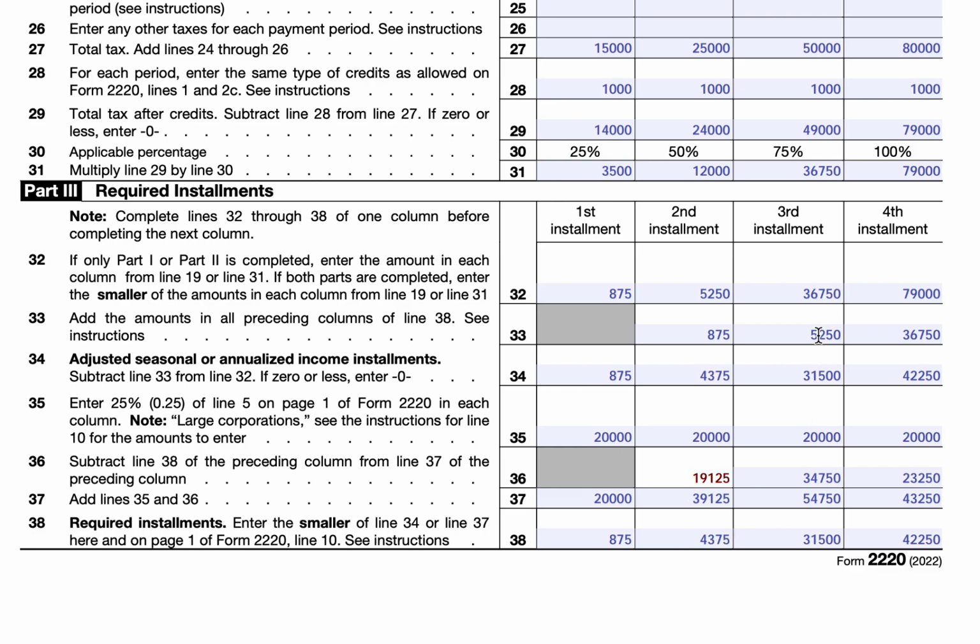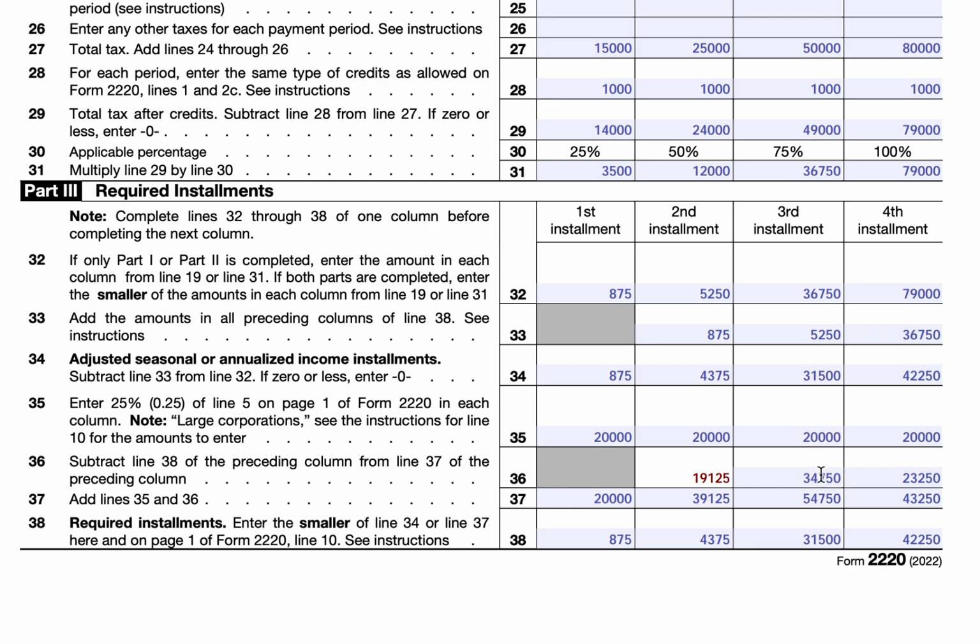And now when we go up to the third installment, we're going to bring up the total of the 4375 and the 875, and we get 5250. In line 34, we're going to subtract the 5250 from the 36,750, and we get 31,500. And then we've got the $20,000 as a placeholder in line 35. In line 36, we're going to subtract the 4375 from the 39,125, and we get 34,750.